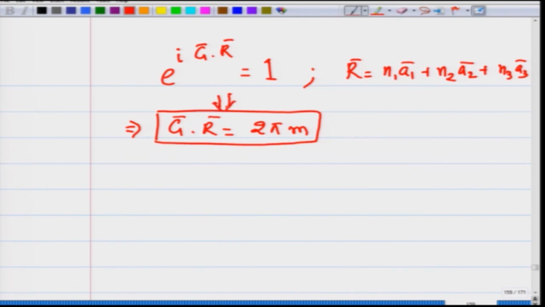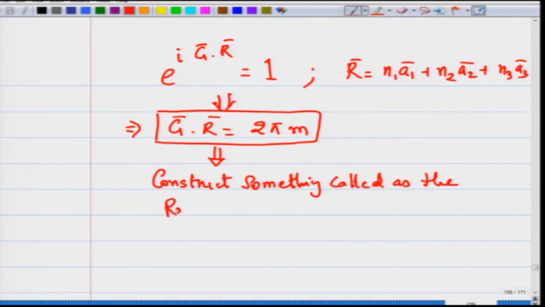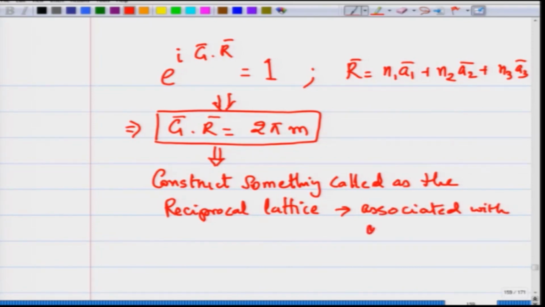The above is satisfied by this condition, and now through this we will be able to construct something called the reciprocal lattice, which is associated with a crystal.